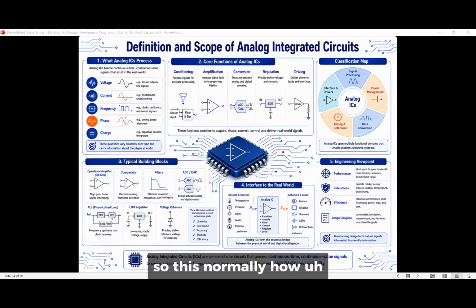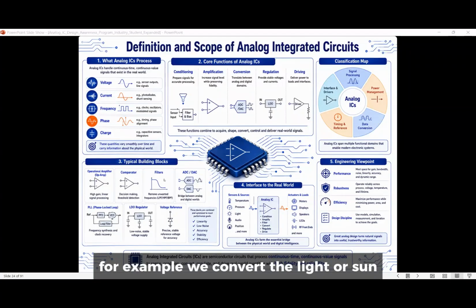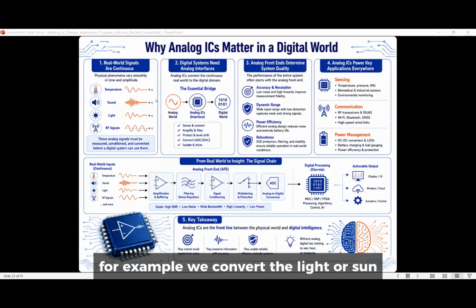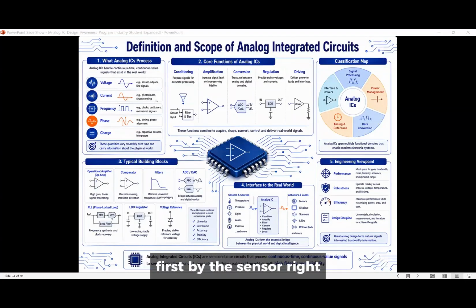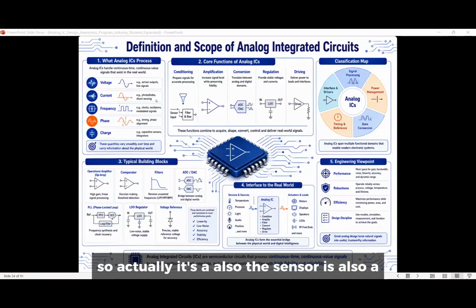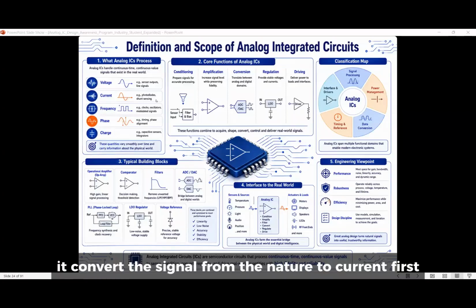For example, we convert light or sound signals into current first by the sensor, right? So the sensor is naturally also a converter circuit. It converts the signal from nature to current first.